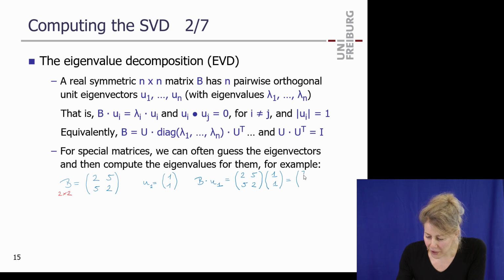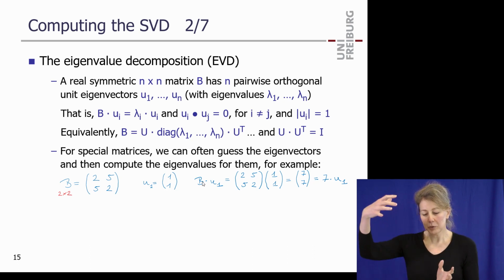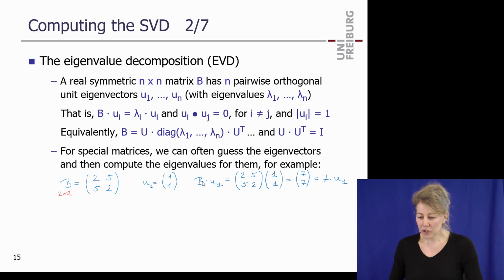Of course you always get some vector, but this vector is special because it's just a multiple of the original vector, and that's very special. Most vectors will not have that property. If you view it geometrically, it's a linear transformation of my space. It will stretch it and change it.